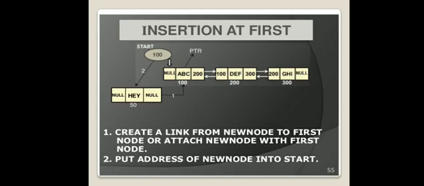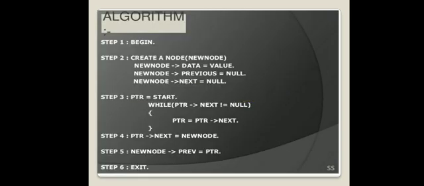Step 1, create a link from the new node to the first node, or attach the new node with the first node. Second, put the address of the new node into start as shown in the above figure. So we'll see the algorithm for this here. First we begin. Next we create a new node. New node of data is nothing but the value.